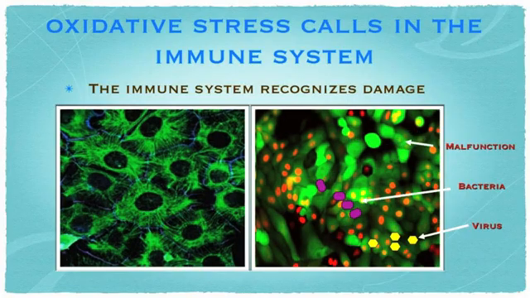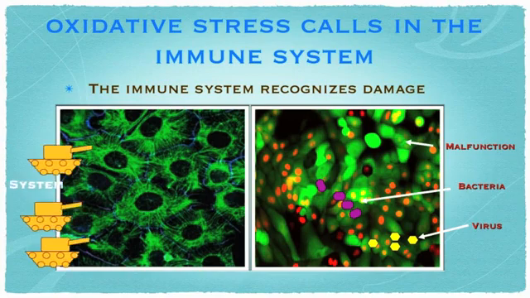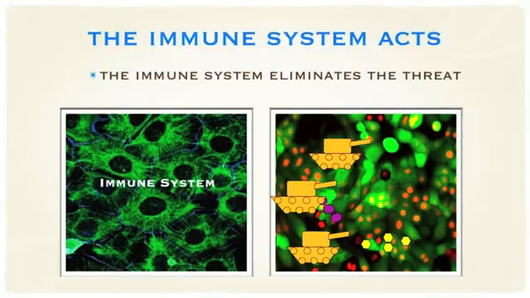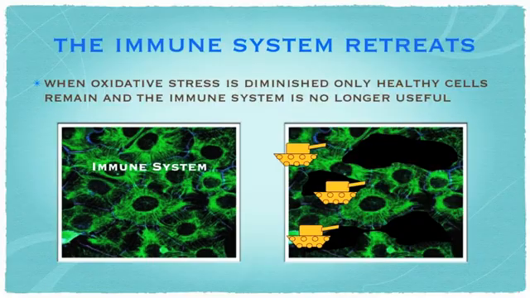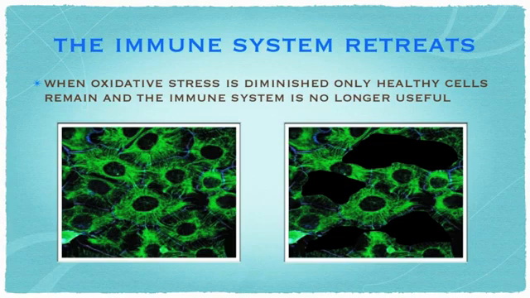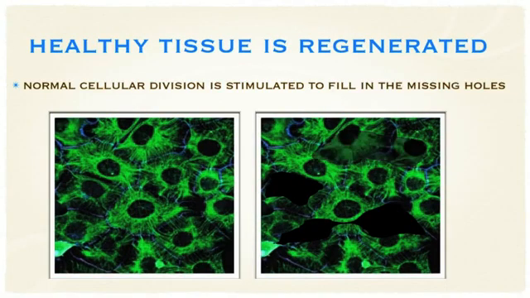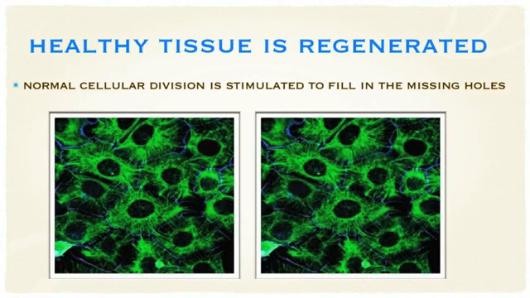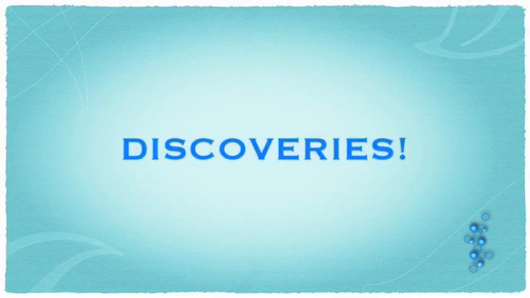And so here are those red flags, and in this situation, the immune system comes in, deploys its weapons to take care of the malfunction, the virus or germ. Then, once the threat is eliminated, there's no longer a need for the presence of the immune system, so it retreats, and then through the process of normal cell division, this replacement process fills in the missing holes, and we restore homeostasis to this tissue.